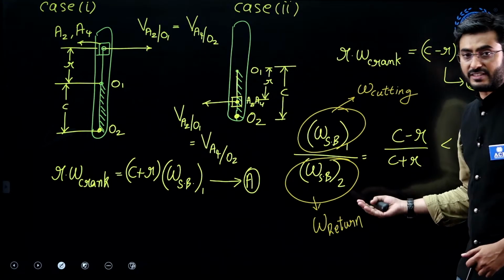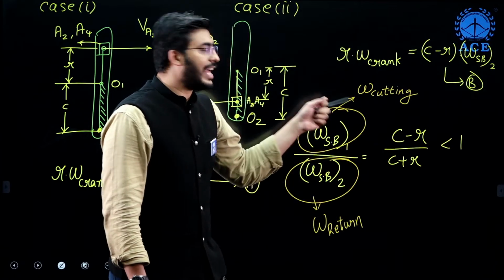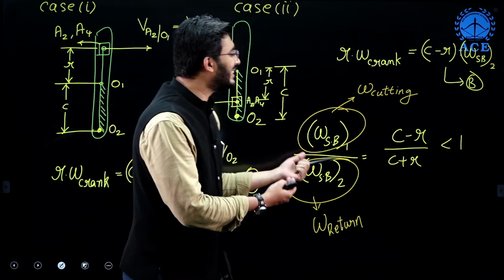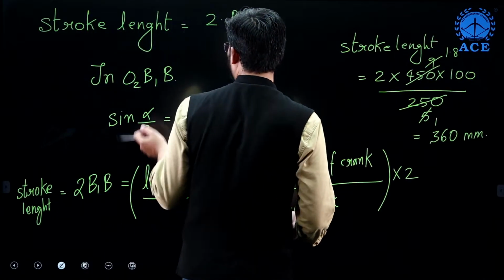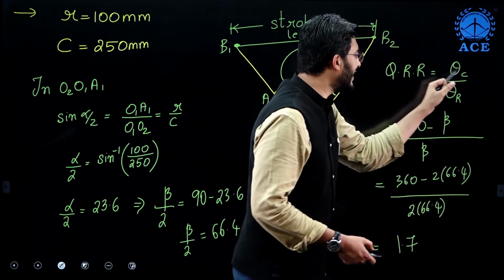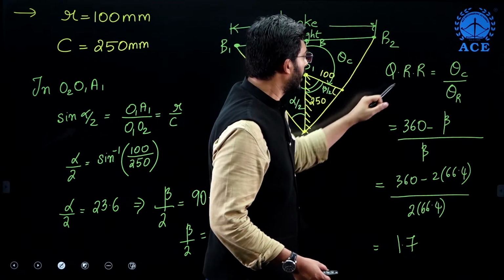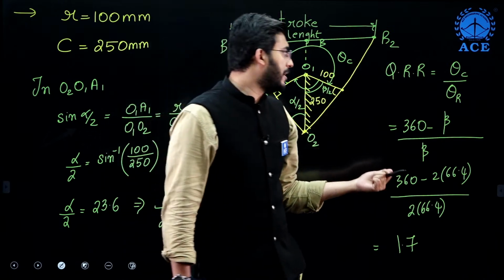So it is obvious the return velocity will be greater than the cutting velocity. We want the mechanism to complete the return motion quickly. That is why we write the quick return ratio as theta cutting by theta return. Sometimes you have to check: the quick return ratio could be either greater than 1 or less than 1.